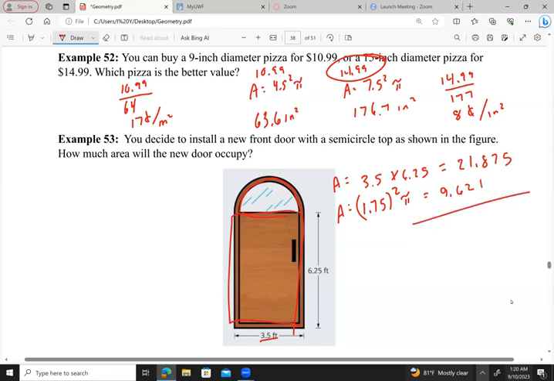We'll add this together. 31.496 square feet. There we go. About 35 and a half square feet.